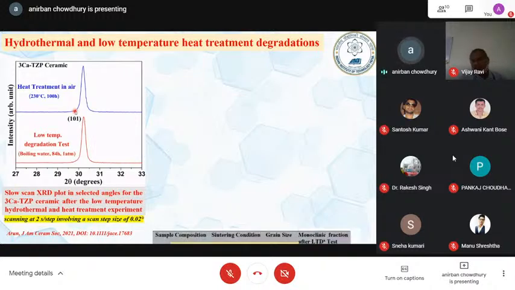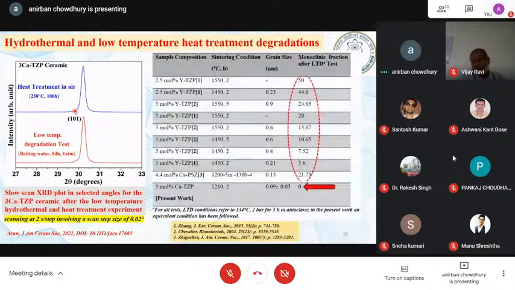Why is our result important? The reason is here. You see this test people have done, LTD, low temperature degradation in hydrothermal conditions, for all 3 mole percent yttria stabilized zirconia, and you can see the amount of monoclinic phase that they have got, from 4% to even 50%.